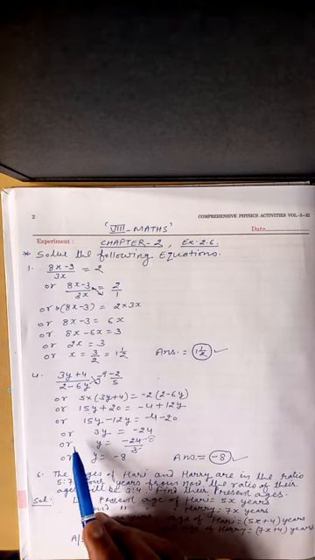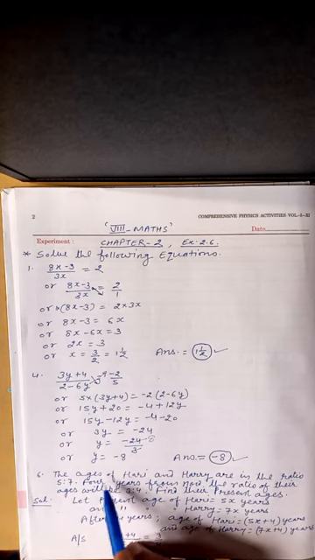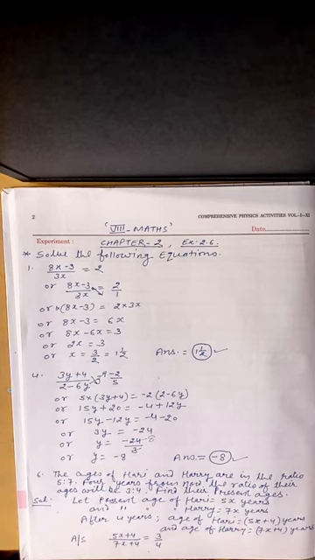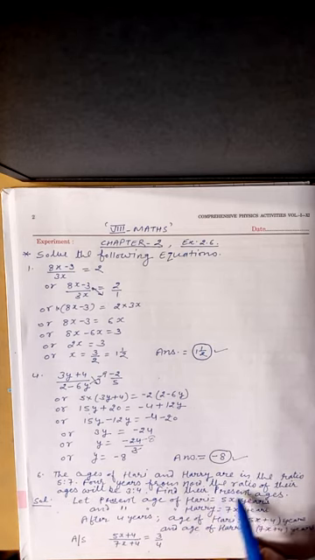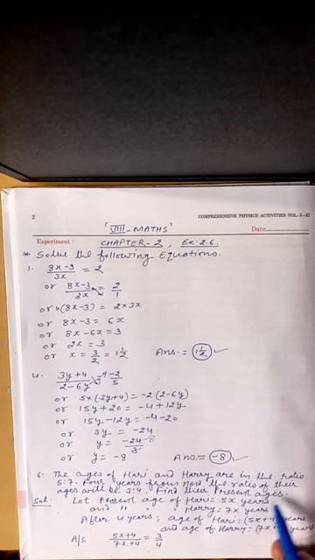Question number 5 is similar to question number 4, and question number 6: the ages of Hurry and Harry are in the ratio 5:7. 4 years from now, the ratio of their ages will be 3:4. Find their present ages.